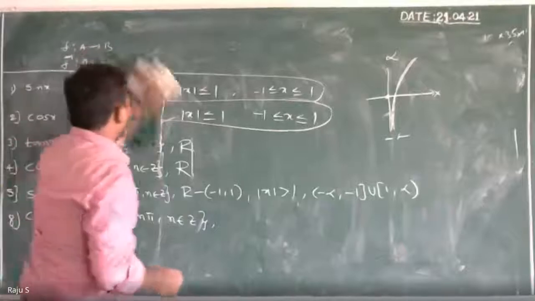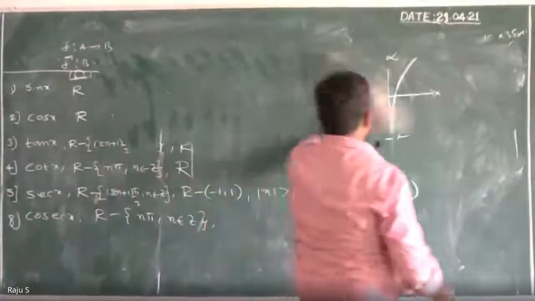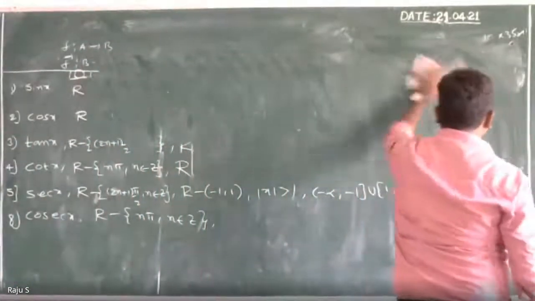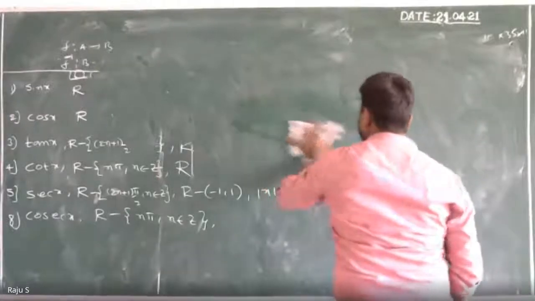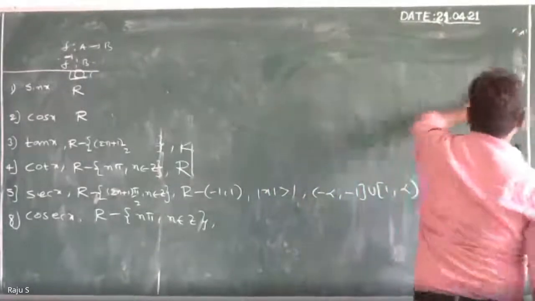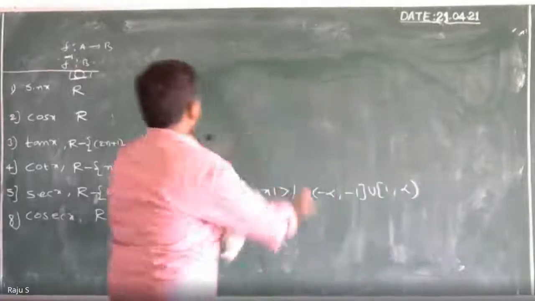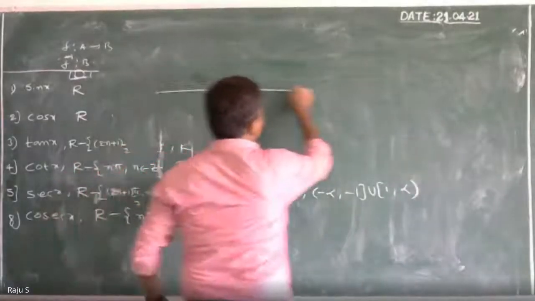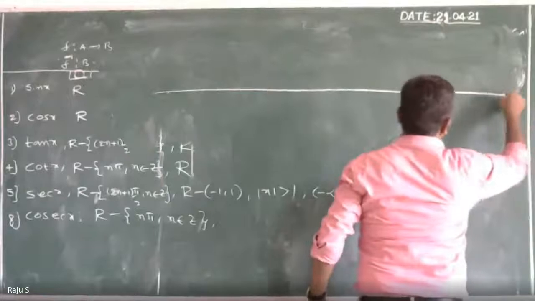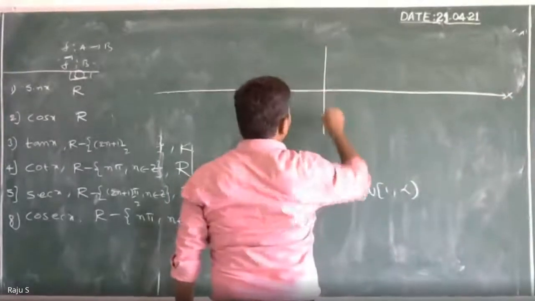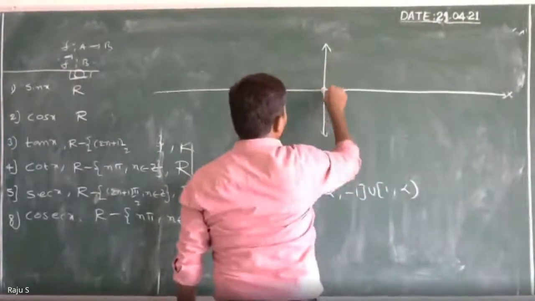Now let us see the graphical representation of sine x. If you understand the graph of sine x, then you can easily get the graph of sine inverse. Sine: x-axis, y-axis, here it is 0.